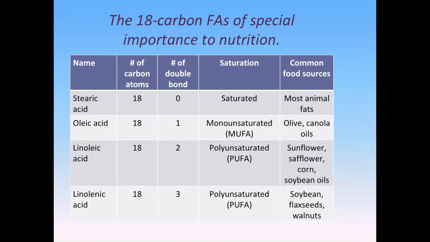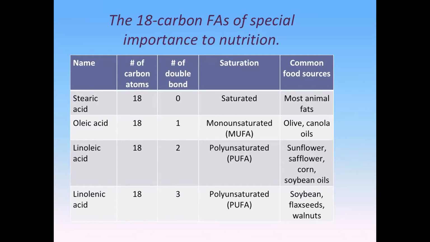Now we have 3 or 4 main fatty acids that are very important to nutrition. First of all, stearic acid, which is saturated, and mostly found in animal fat. We have oleic acid, which is monounsaturated. It's found in olive oil and canola oil. And we have linoleic acid, which is polyunsaturated.